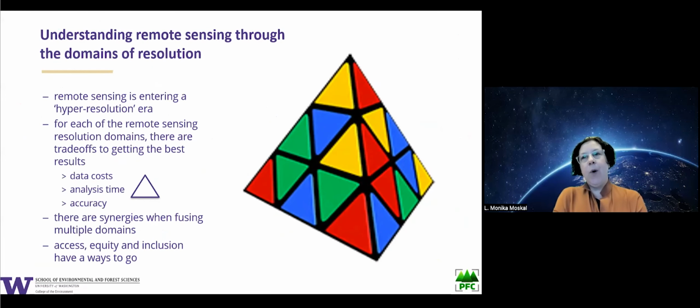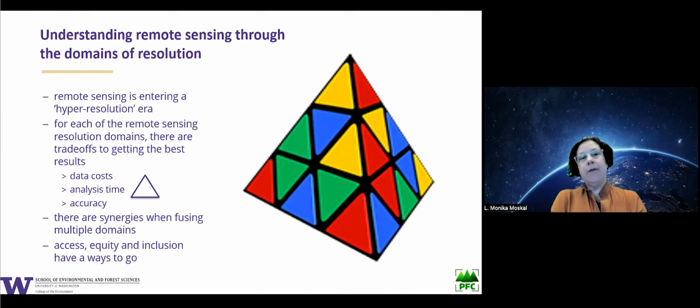I do want to give you a little bit of a perspective of how I think of remote sensing, and perhaps let you think and understand remote sensing as you encounter it in your discipline, because this really drives my perspective as how we use remote sensing in the science that we do.